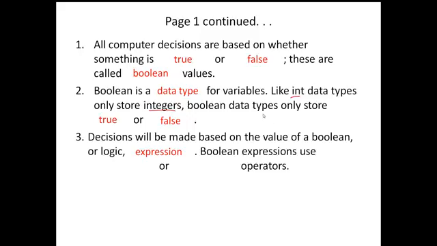If I asked you how 5 relates to 7, you would probably say 5 is less than 7, and that would be true. That is a Boolean expression because it says how 5 relates to 7, and it's called a relational operator.